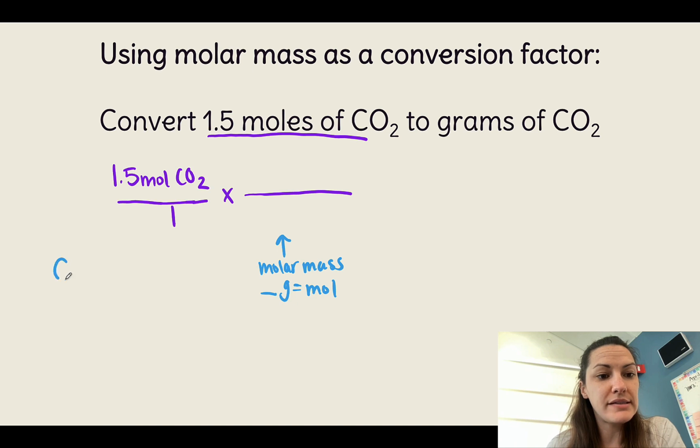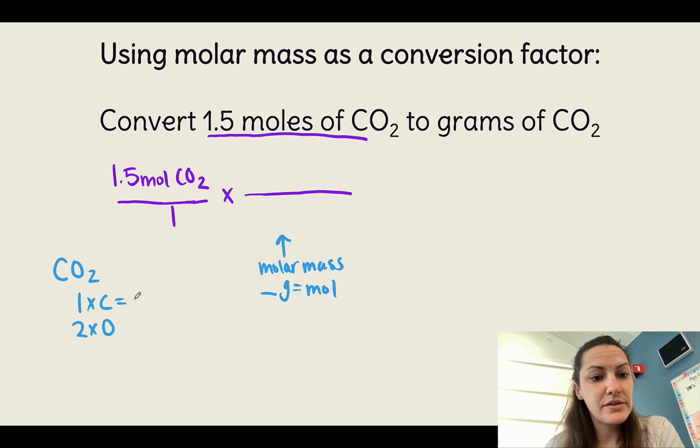So I've got CO2. I've got 1 times carbon, and I've got 2 oxygens. So 1 atom of carbon has a molar mass of 12.01 grams per mole, and 2 oxygens have a molar mass of 16.00 grams per mole each.